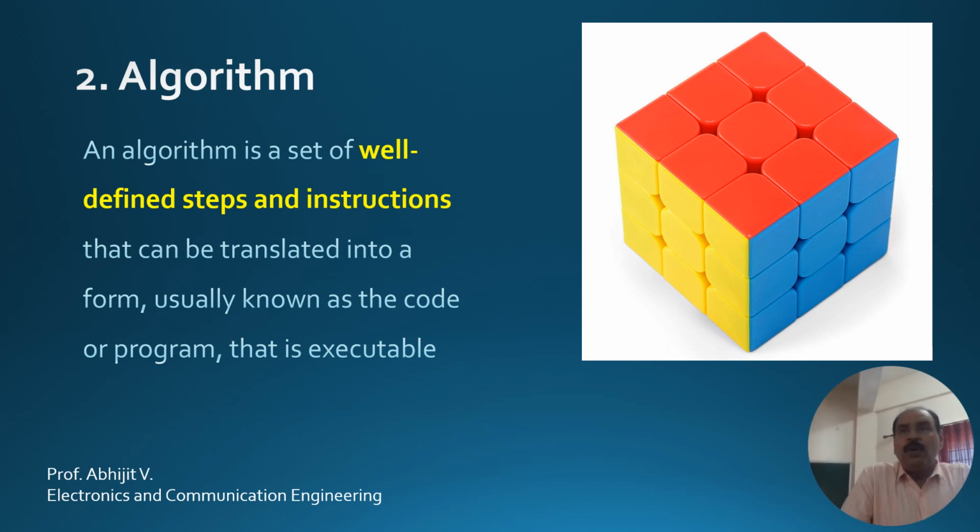Say you want to predict the outcome of a football match. What are the steps involved? The history of the players, the history of the ground, how people have been playing in this ground, what are the possible results.